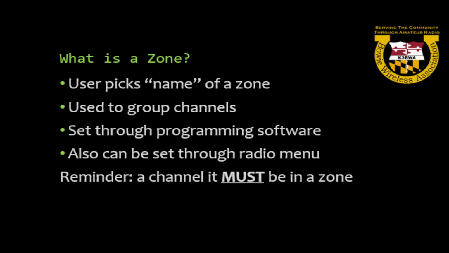You can program lots of different channels in, which would be the transmit frequency pairs, for example, time slot, color codes, and talk groups. We'll go over that in a minute. But if you've added the channels into your software, but you haven't added them to a zone, when you go to your radio's menu to try to navigate to see what's in the zone, nothing will be there.